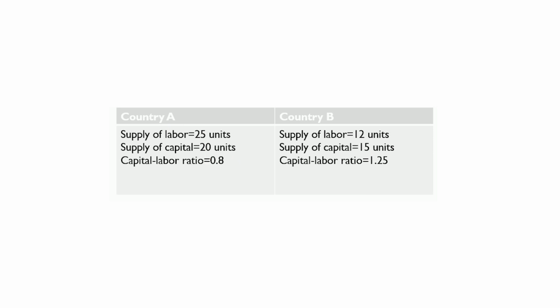It is not. You look at the ratio. The capital labor ratio in country A is 0.8. And the capital labor ratio in country B is 1.25. So essentially, it is not the absolute number of capital in country A or country B. It is labor by capital or capital by labor in country A and country B. Students, you have to be a little careful about it.